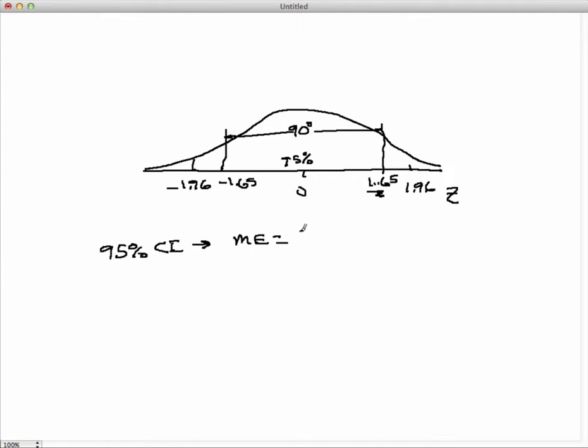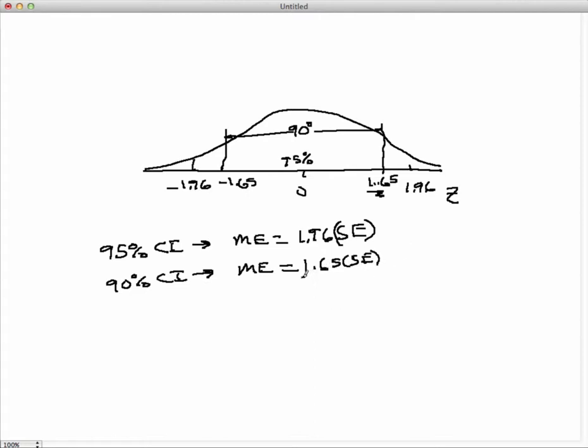So that's going to be equal to 1.96 standard errors, isn't it, right? So it'd be 1.96 times the standard error. Well, in a 90% confidence interval, standard error isn't going to change. We're assuming we have the same sample, but now our margin of error is going to be equal to what? It's going to be equal to 1.65 standard errors.